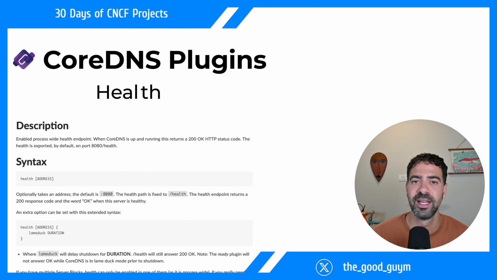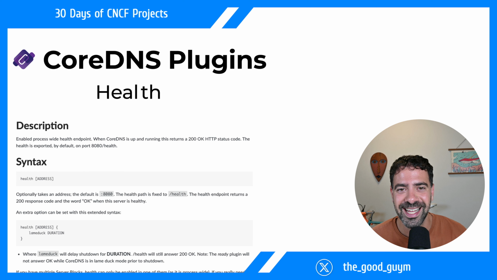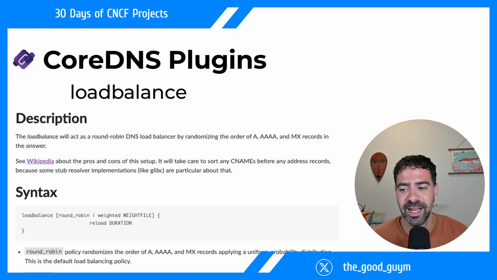It allows you to understand if CoreDNS is healthy or not, and based on that, build the readiness probe of Kubernetes. Another plugin is Load Balance, which allows you to add round robin and load balancing capabilities into CoreDNS, something that is not available out of the box in its core component.